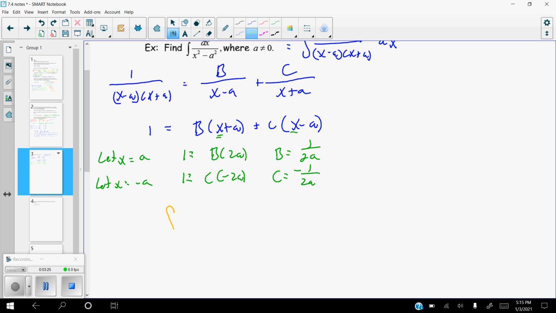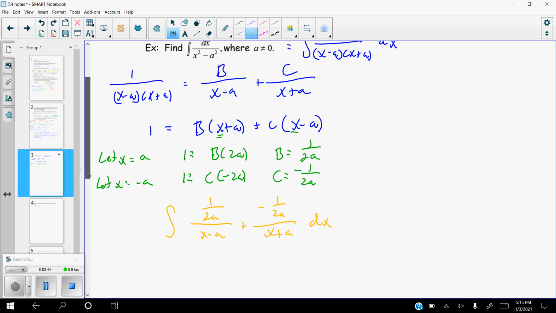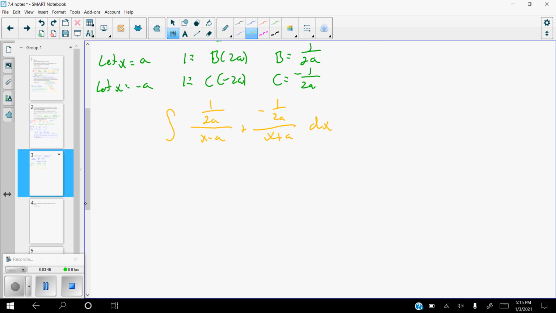So we're going to get the integral now of, let's see, b was 1 over 2a over x minus a. C was negative 1 over 2a over x plus a dx. Now we can go ahead and take our integrals. Antiderivative of the first one, remember that those lowercase a's are constants.